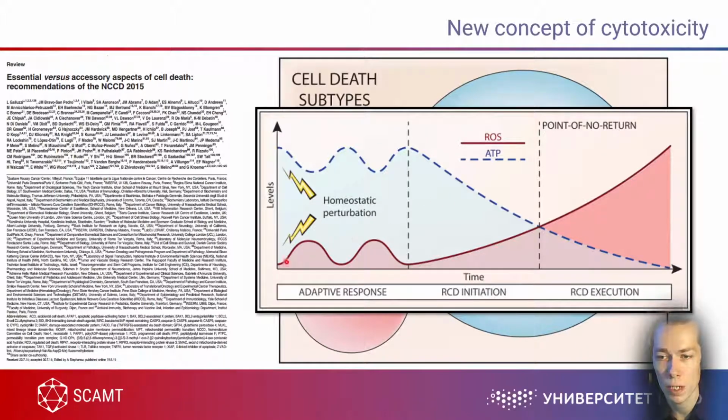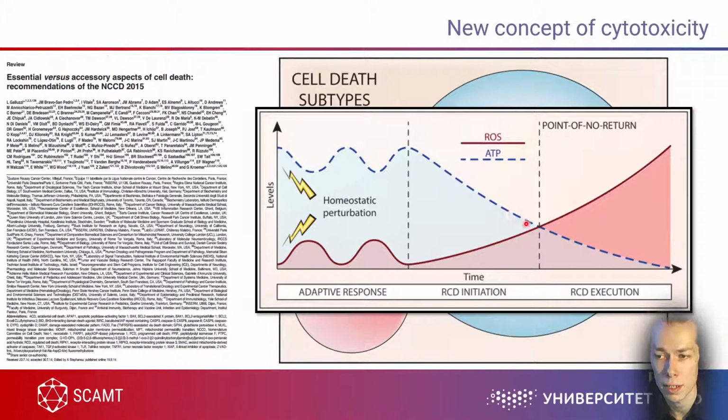During this adaptive response, for example, nanoparticles can trigger some release of reactive oxygen species and a decrease of some ATP, and vice versa. But after some point of time, the cell has some limits, so it cannot resist this damage for eternity, and after some time the ROS amount will increase and ATP will decrease.